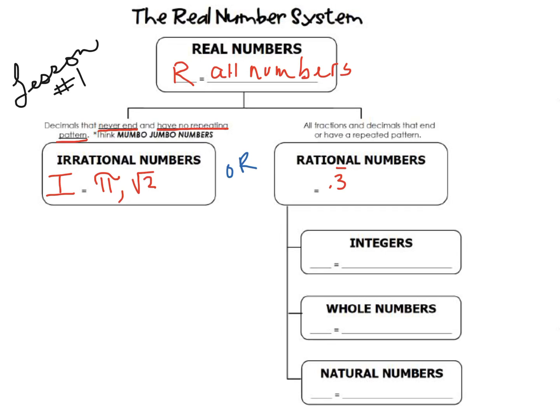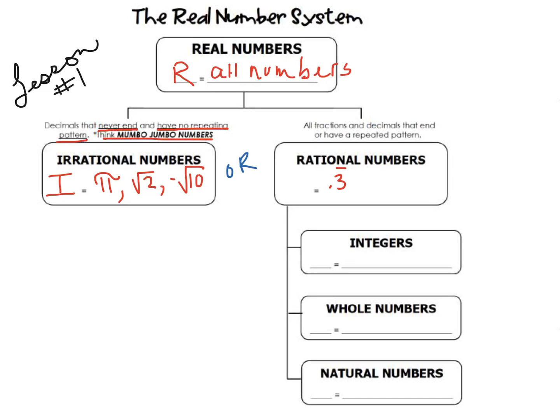Okay, and then another option would be a mumbo jumbo number, numbers that are difficult to really make good sense of, decimals that go on forever and have no repeating pattern. So there's 3 good examples.